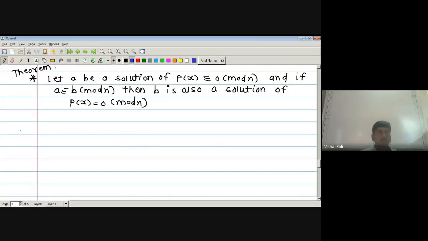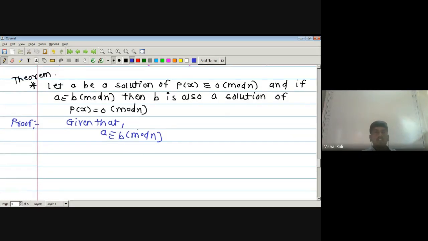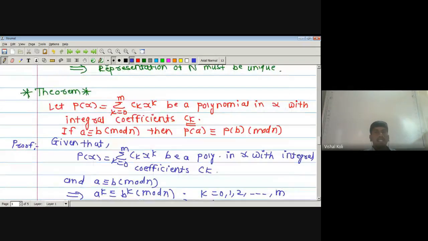Okay, see its proof. Given that A is congruent to B modulo n, and P of x is a polynomial in x with integral coefficients. Then by the previous theorem, that is, if P of x is a polynomial in x with integral coefficients and A is congruent to B modulo n, then P of A is congruent to P of B modulo n.